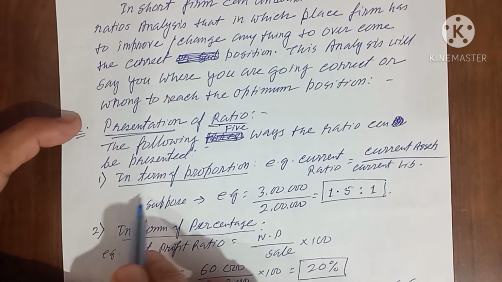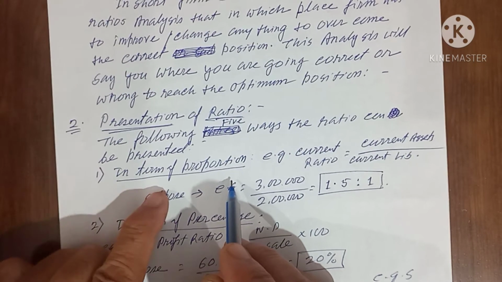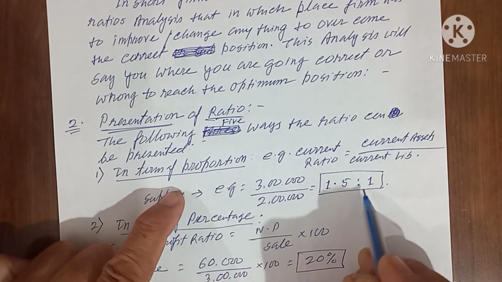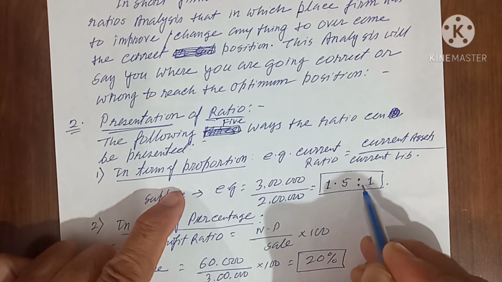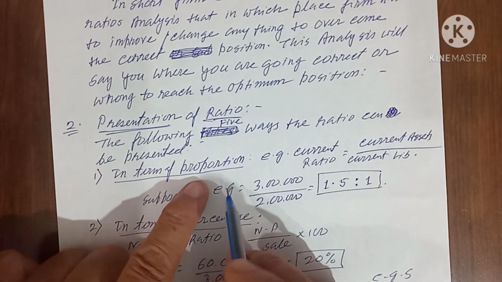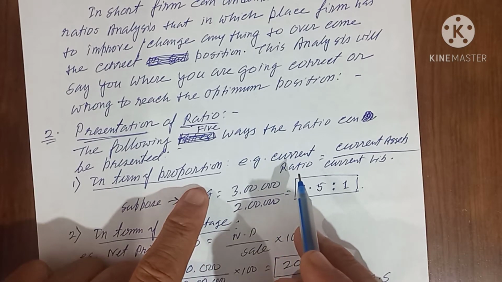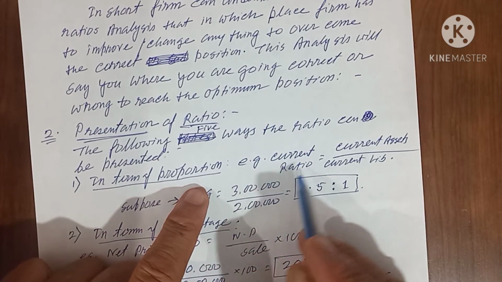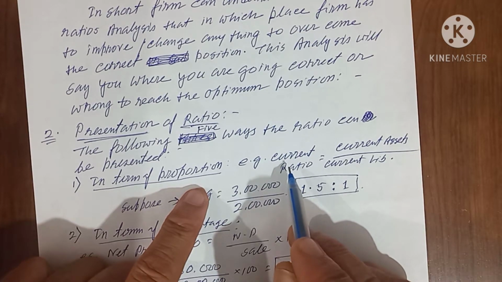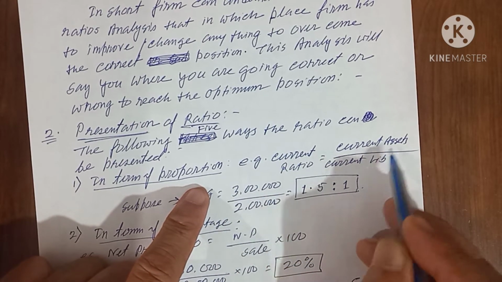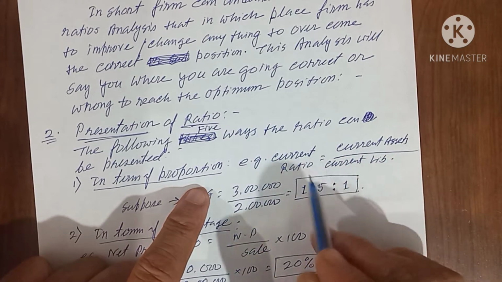Number 1, in terms of proportions. You can compare the ratio in terms of proportions. The proportion symbol, everyone of you knows, this is called the proportion symbol. In terms of proportions, for example, I want to tell you a ratio, I have not explained it yet, current ratio, it will come afterwards, but the formula is current assets by current liabilities. This formula is the most important.